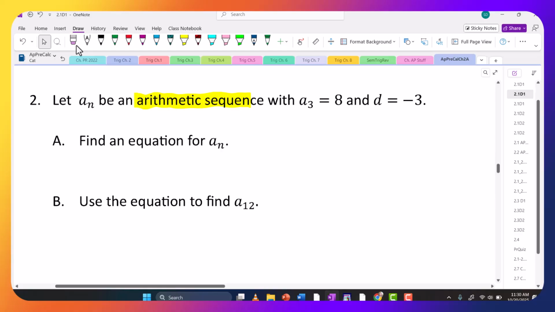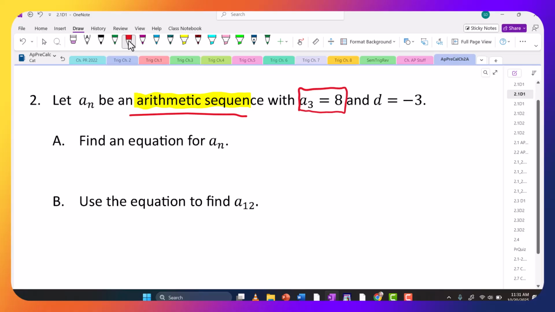All right. So here's what you got to do first. You got to read. First of all, it says it's arithmetic. So it follows arithmetic scenarios. It follows this scenario that I had up there. It depends what term you're given, though. So they give us the third term. All right. So knowing this is arithmetic, I know the format then.